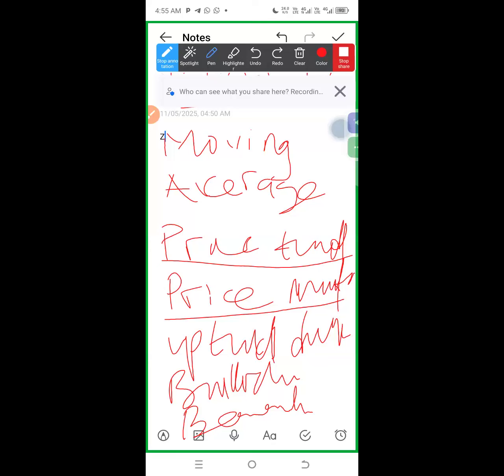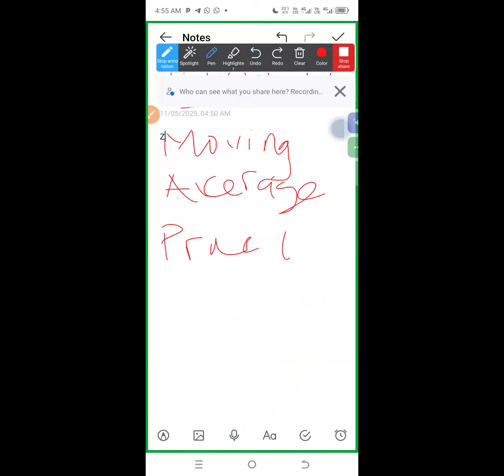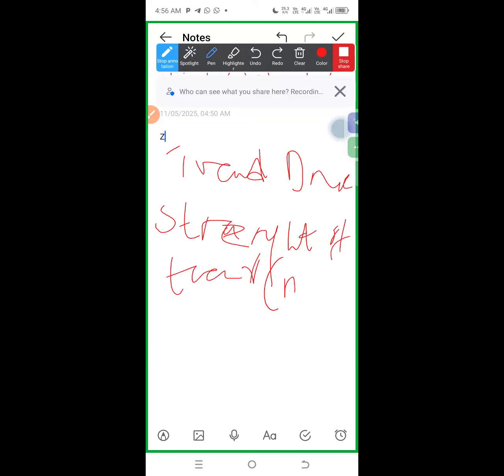We are learning about MACD to identify three core areas: the price trend or trend direction, just as with moving average, and also the strength of the trend, which is the momentum.